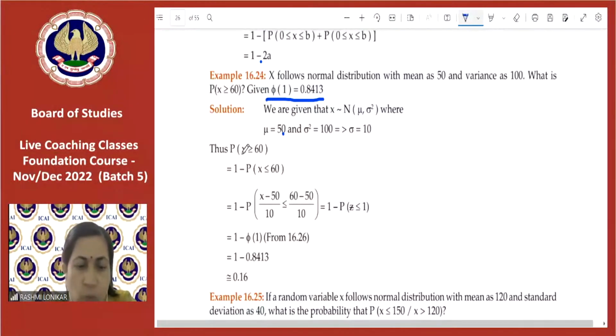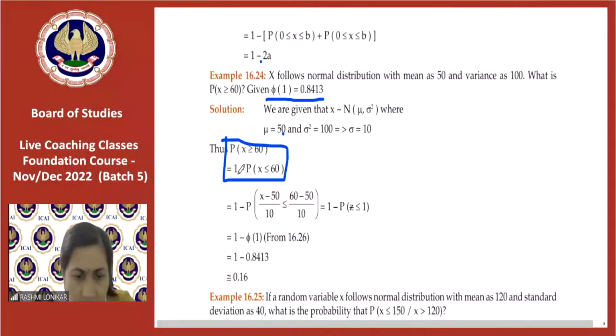Now, whenever you want to find P of X greater than or equal to 60, you need to find it in this manner. Greater than will be 1 minus P of less than or equal to 60, because you're trying to find greater than 60, you just have to say 1 minus the area on your left hand side.